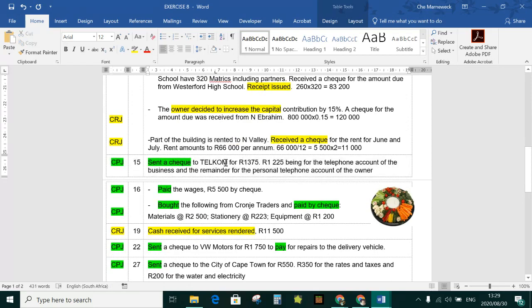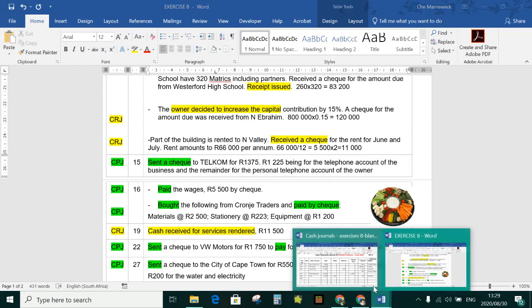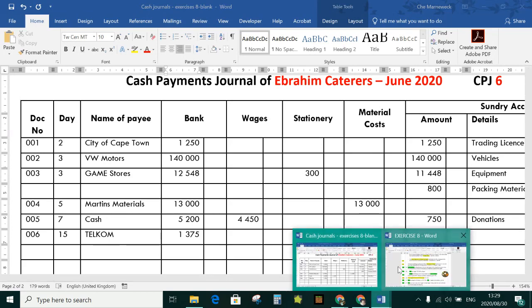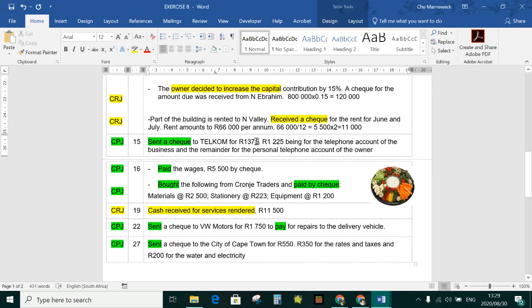We sent a check to Telkom for 1,375 Rand. So we're on day 15, Telkom, and it's 1,375 Rand. What are we paying for? 1,225 Rand is for the telephone account of the business.